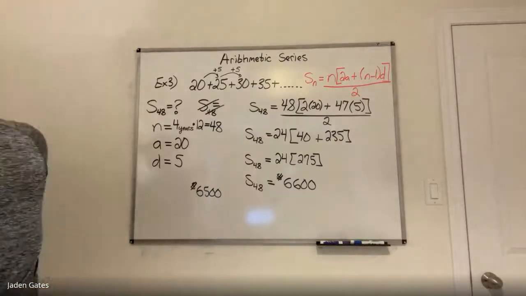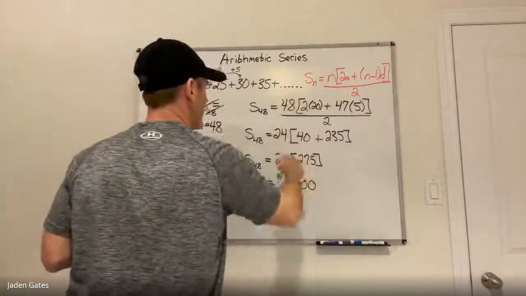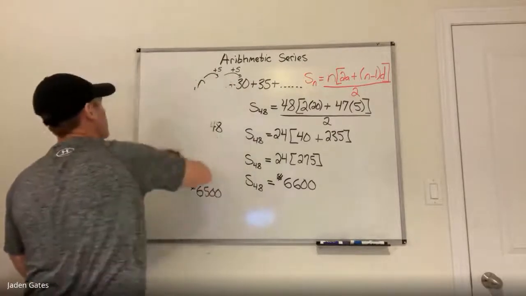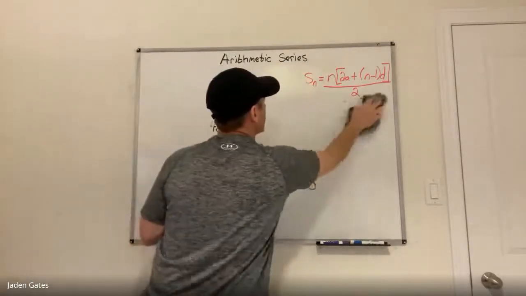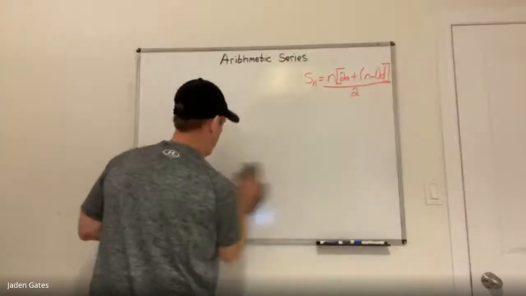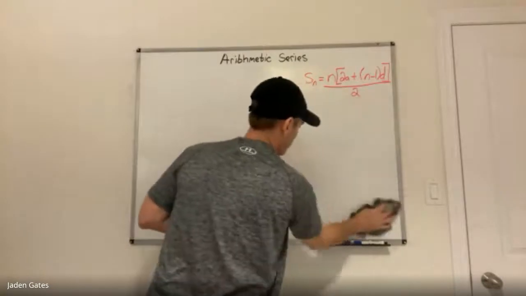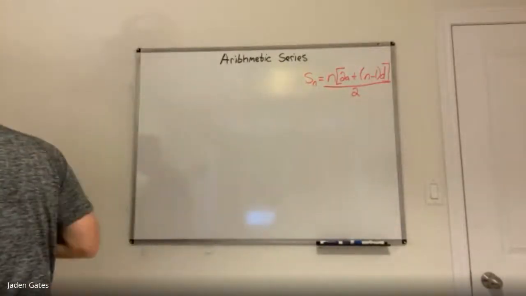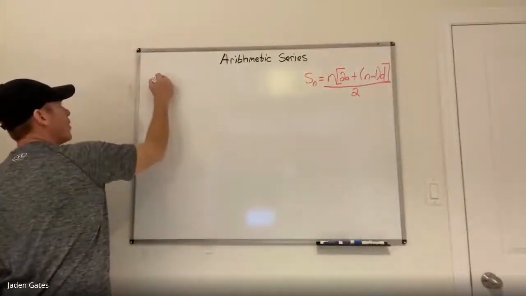Last one, a little different again, stepping it up a bit. Kind of combining what we did this morning with what we're doing right now, right? On our last example. All right, so here we go. Find the sum of the following series.